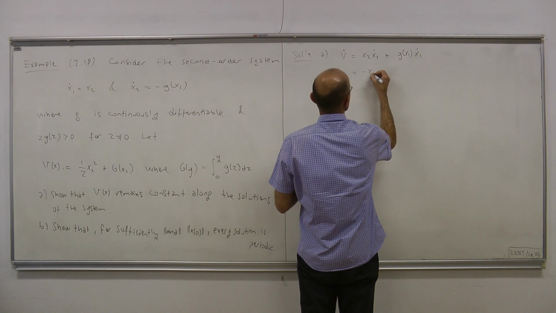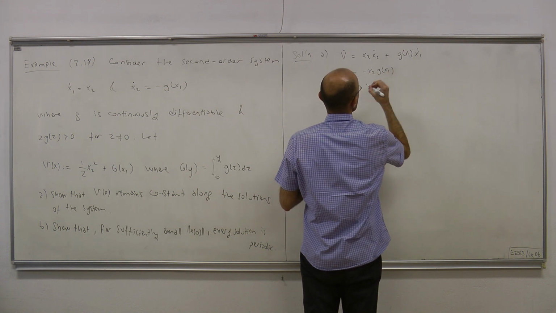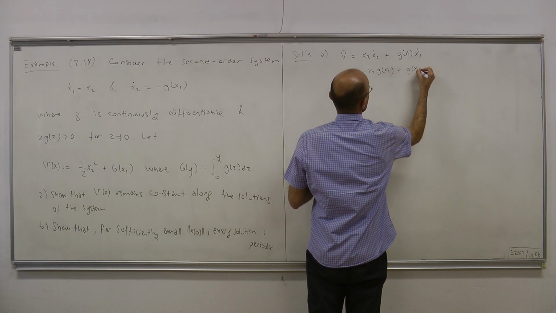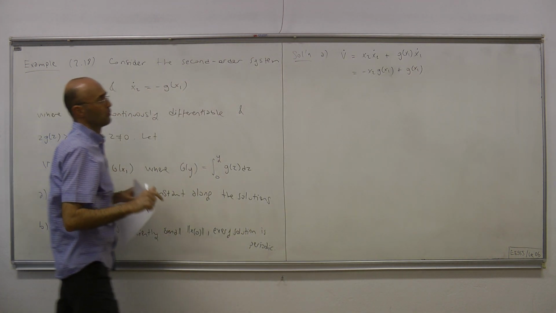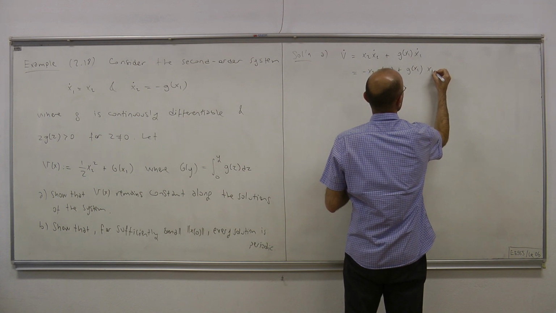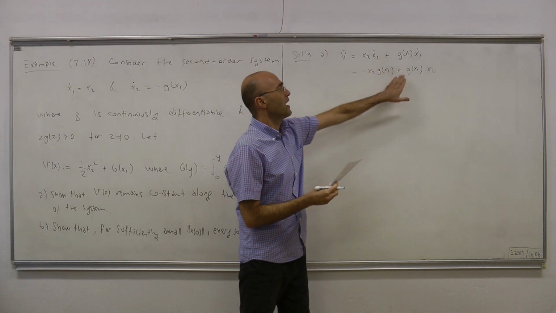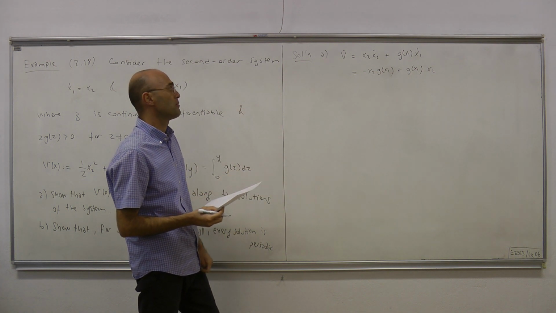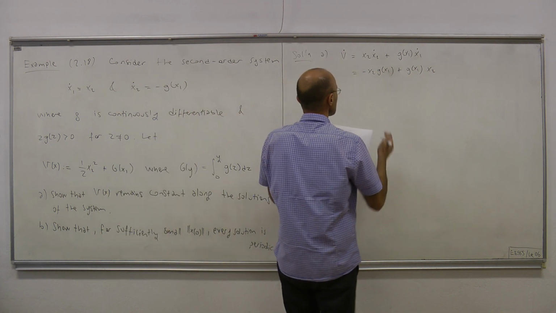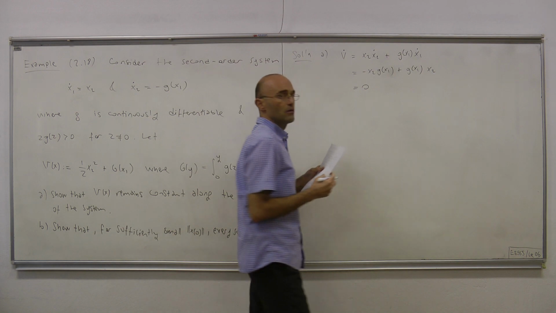So here we have minus x2 gx1 plus gx1 times x1 dot. x1 dot is x2. So clearly, the magnitudes are the same, but the signs are opposite. Therefore, this is 0.